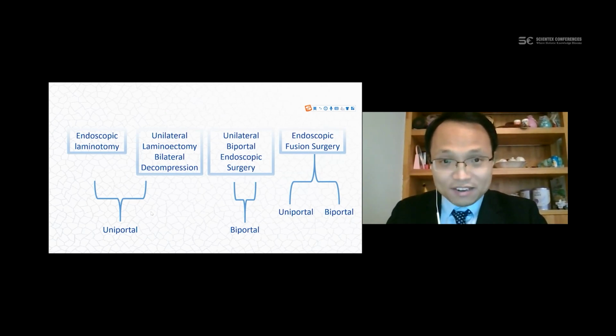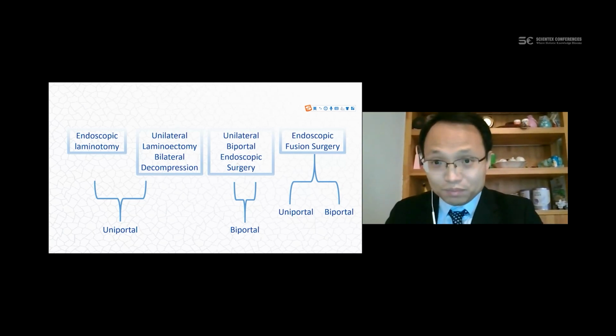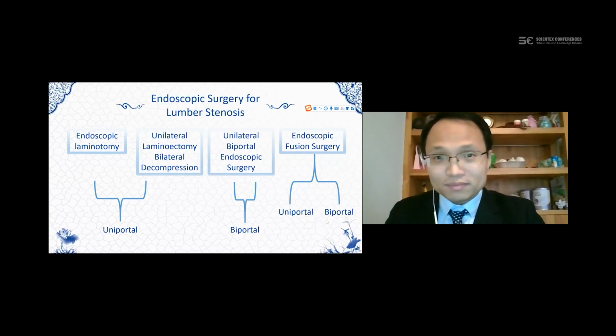It's a uniportal technique, and unilateral laminectomy for bilateral decompression, as well as biportal endoscopic surgery. We name it UBE. We go unilateral and insert two tubes, one for vision, another for instruments, and then endoscopic fusion surgery for any kind of instability of the spine. We can finish the fusion surgery by uniportal or biportal.